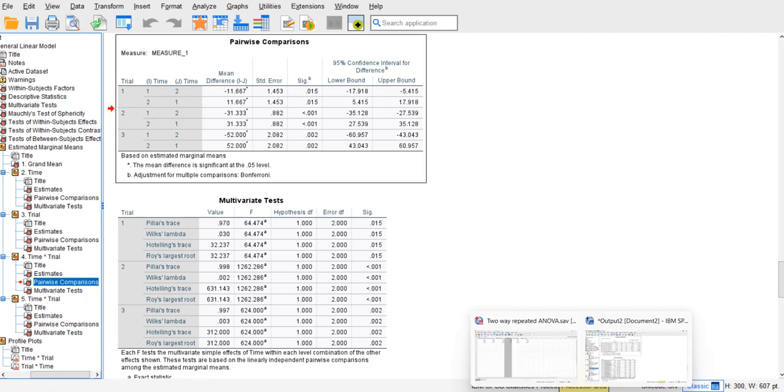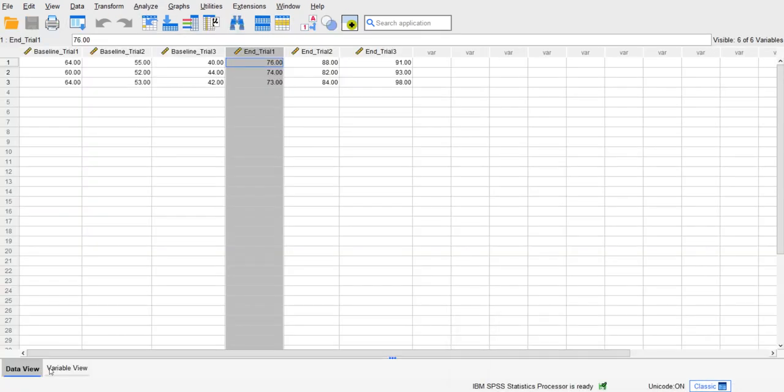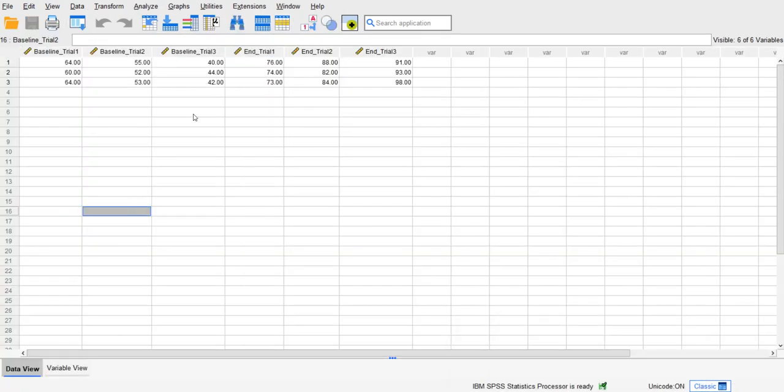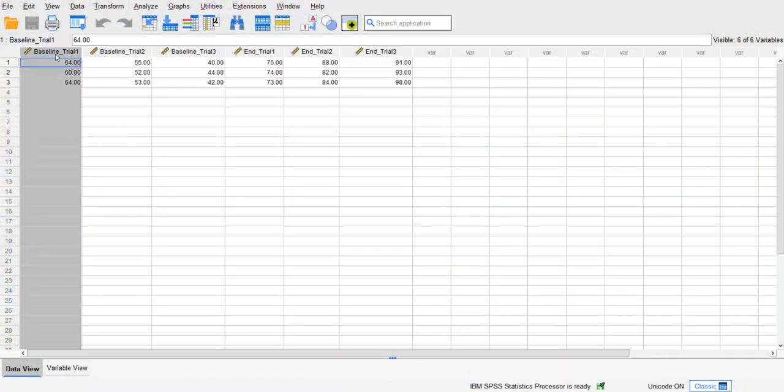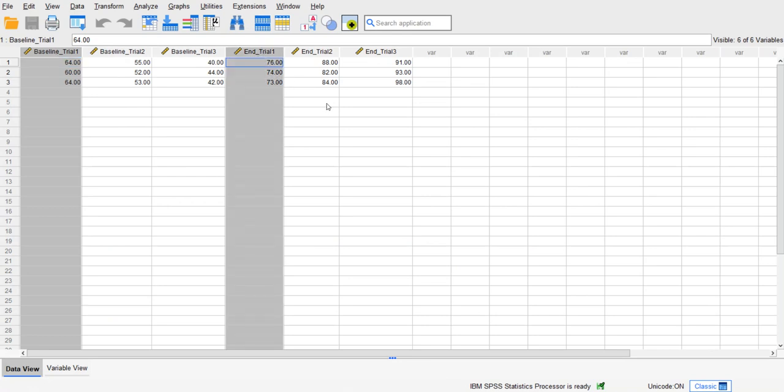So we can have a look at the raw values again here. What was that again? So trial 1, baseline versus trial 1, end. It's saying that these two groups of data, it's the same people measured over time, are essentially different.